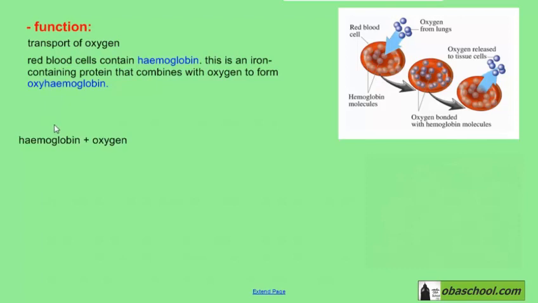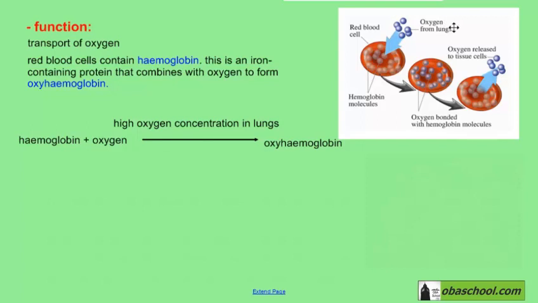So hemoglobin plus oxygen is going to give us, as we said, oxyhemoglobin. This is driven by the high concentration of oxygen found in the lungs. They will diffuse into the blood where they will bind to hemoglobin.